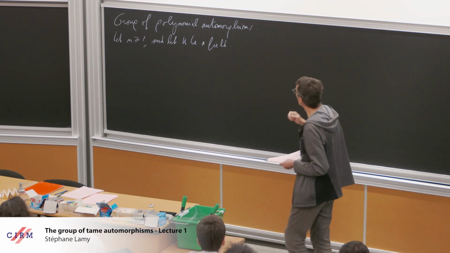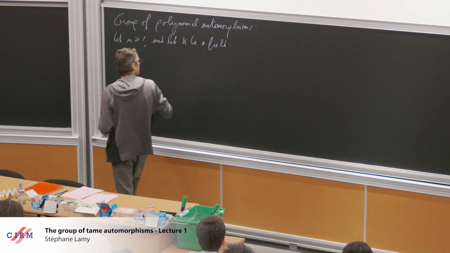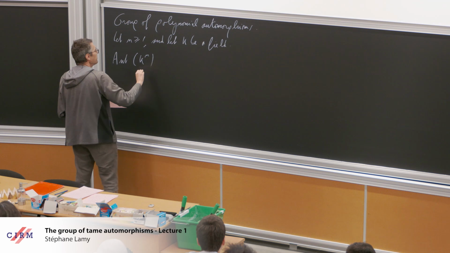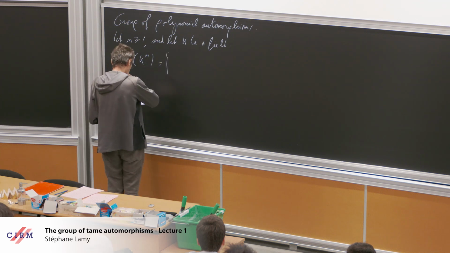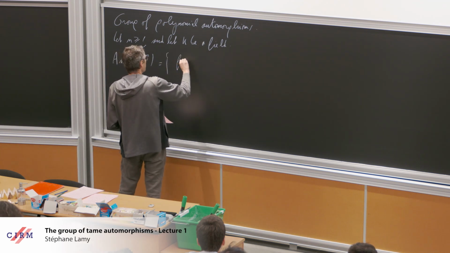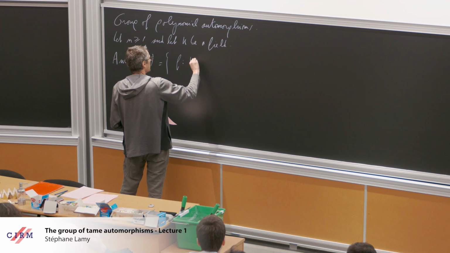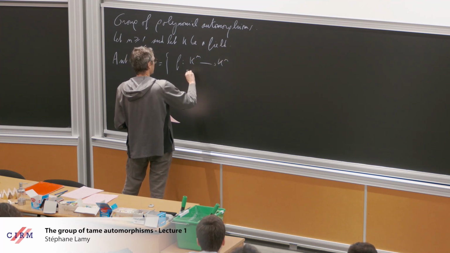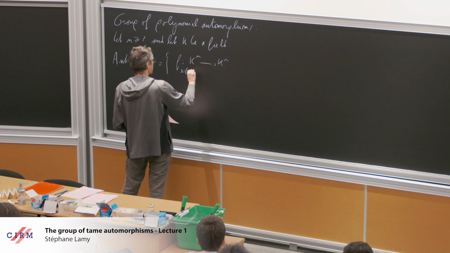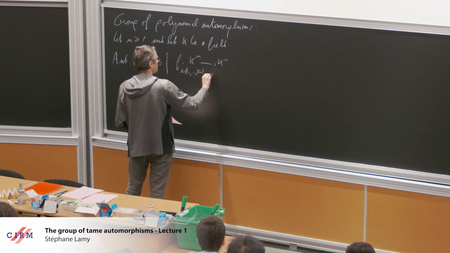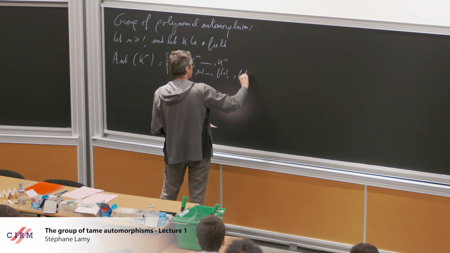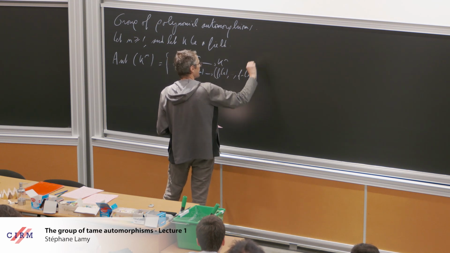So what is the group of polynomial automorphism? That's the following group, Aut(k^n). It's some map from k^n to k^n, given in coordinates: if you have x, which is (x1, ..., xn), you map to (f1(x), ..., fn(x)).